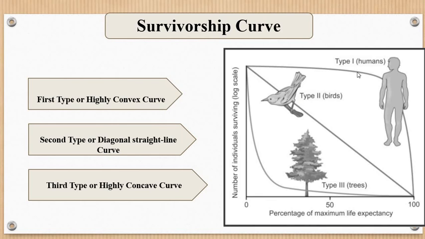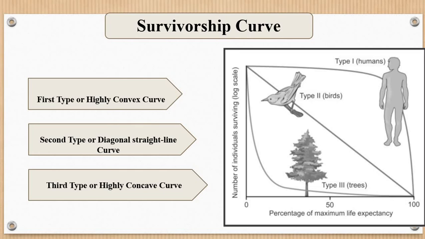We are talking about the first curve. The highly convex curve is characterized by low mortality. In the case of humans, there is a very low mortality rate in the population until the end of the lifespan under ideal environmental conditions. Here we are not considering any deformities or physiological disorders. So there is very low mortality until the end of life under all ideal environmental conditions.